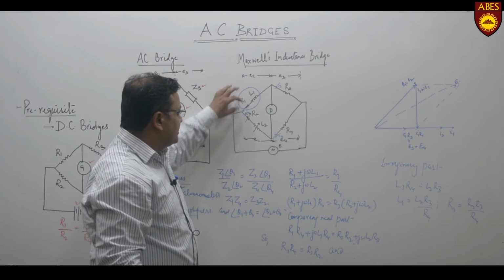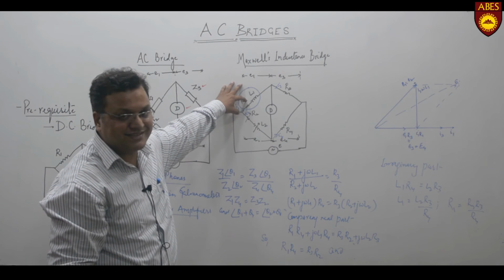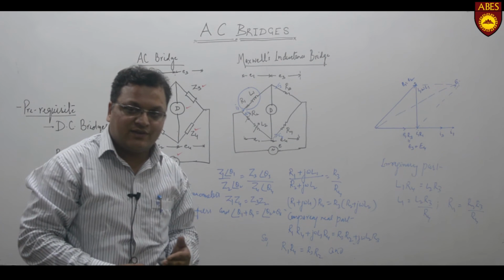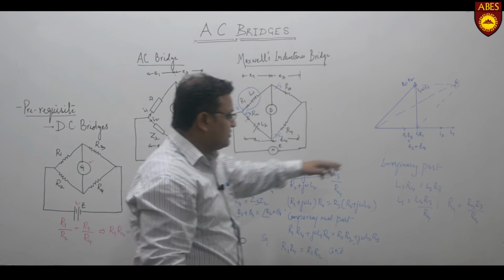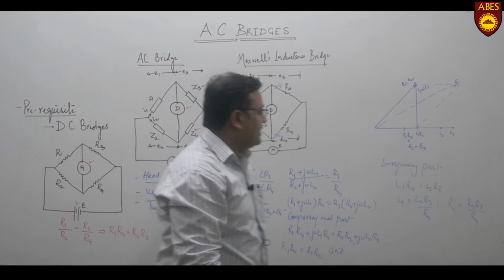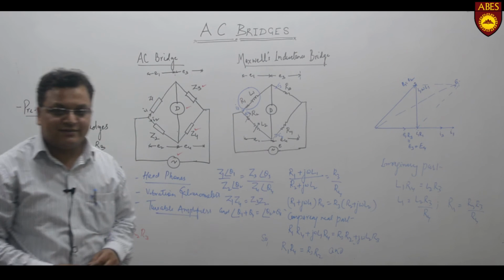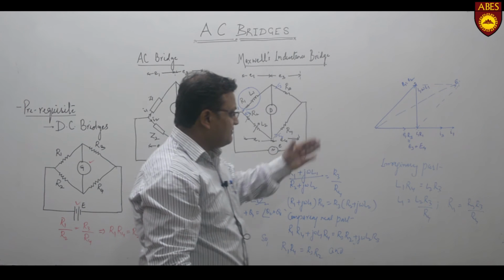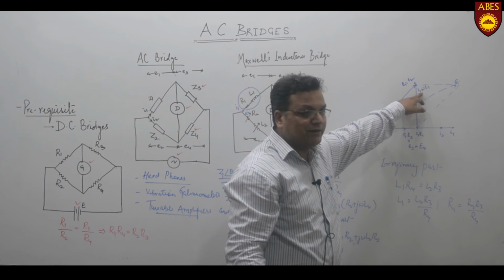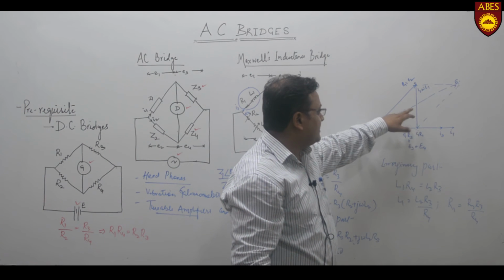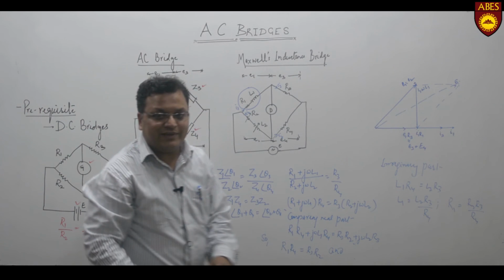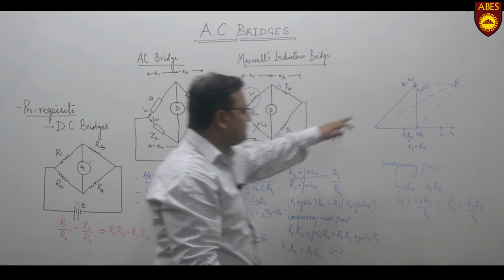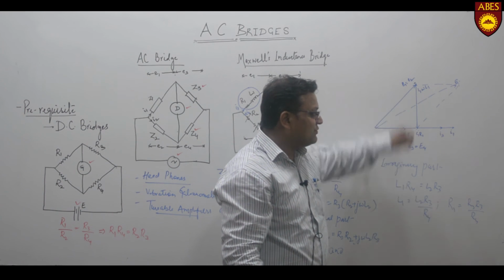The voltage drop in resistance R1 will be I1 R1, and in resistive circuits V and I are in the same phase. So I1 R1 is here, and the inductance voltage leads the current by 90 degrees. So I1 omega L1 is perpendicular to I1 R1. The resultant of these two will be E1. Under balanced conditions, E1 is equal to E2.